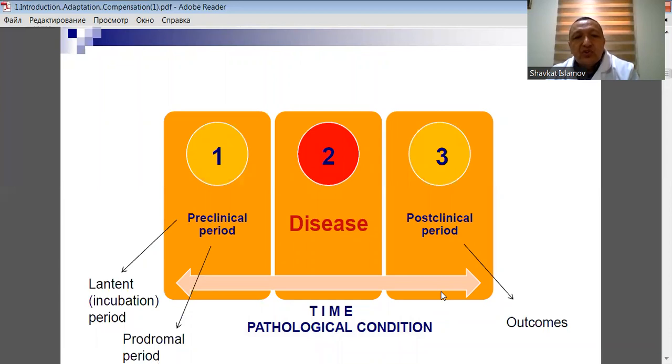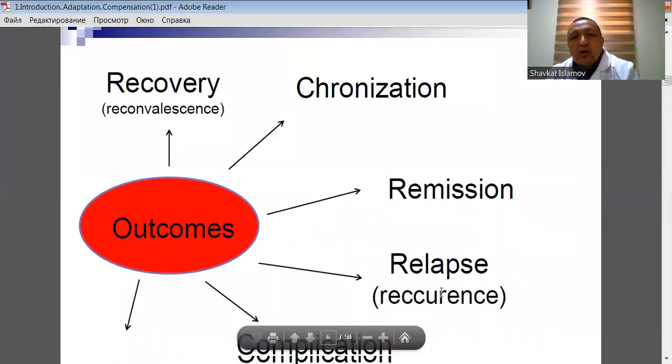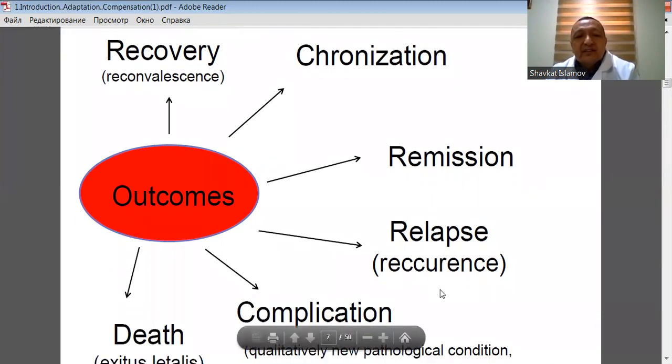Time of pathological condition: first, the preclinical period; second, disease; third, the postclinical period. Outcomes: recovery, chronization, remission, relapse, complication, death.